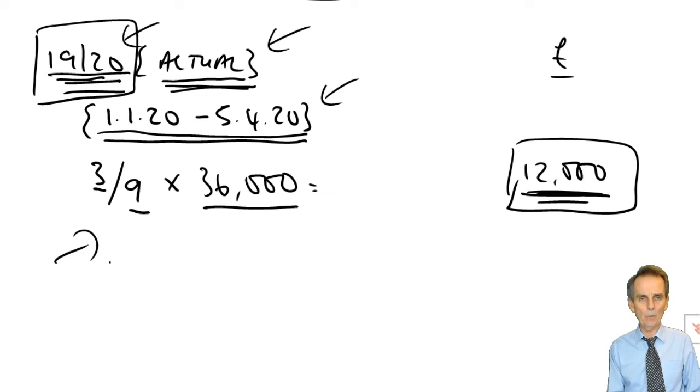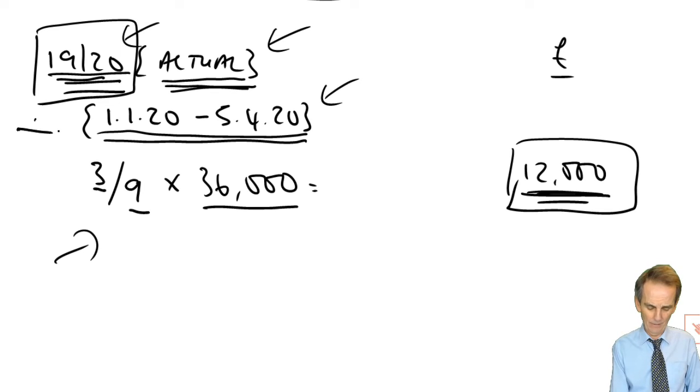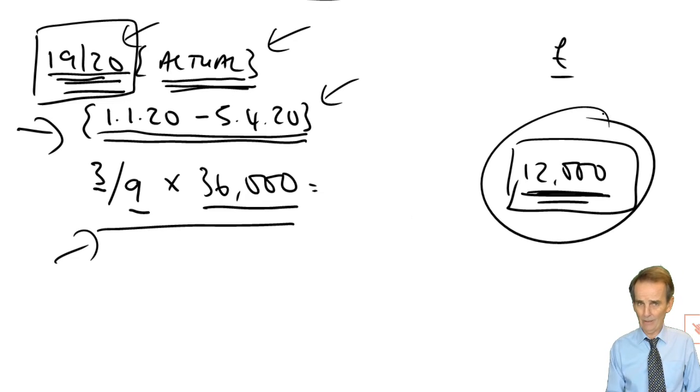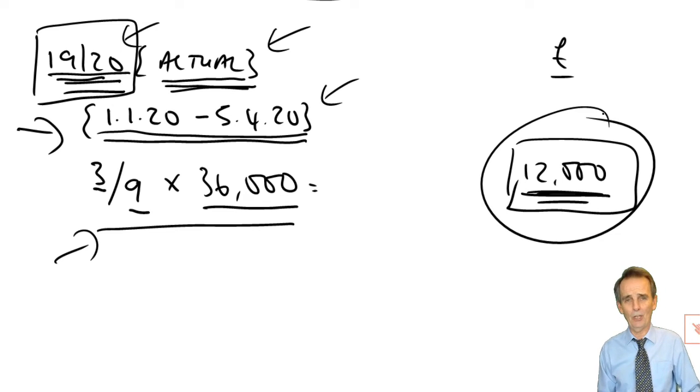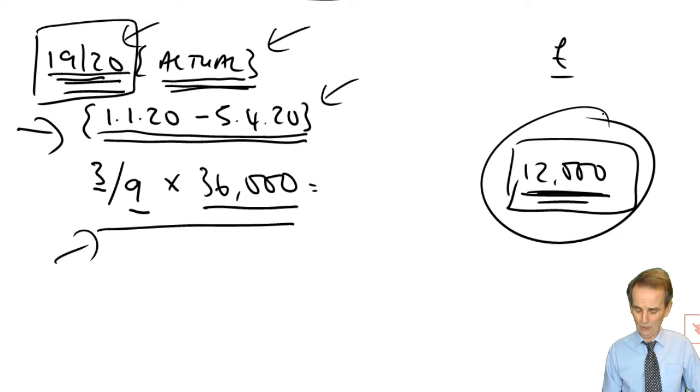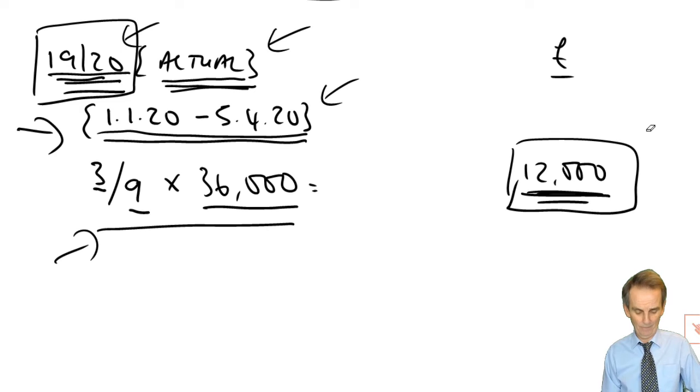If that's the year they want me to work the assessment out for, it's the first year. That therefore is an actual basis. What do I mean by actual here? Start date to following 5th of April. There it is. And then do your calculation and get your figure. And hopefully that is a figure as one of the 4 alternatives for your objective testing question. And you pick your solution.